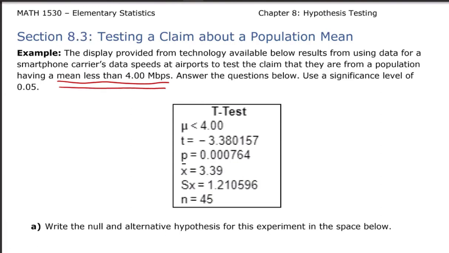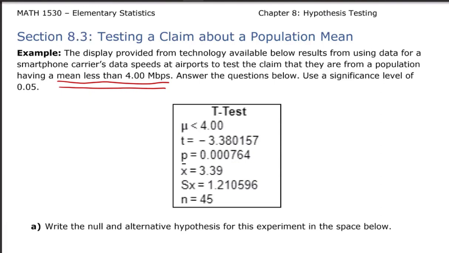So I guess that you are wondering if you don't have good cell service, or maybe somebody's claiming that you have crappy service when you're at an airport, like less than 4 megabytes per second. So that'd be something you might be investigating if you're trying to see, does air traffic mess with the cell phone signal or something. But anyway, it says use significance level 0.05.